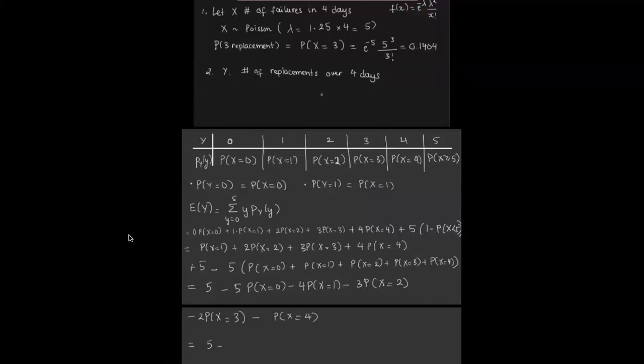So I will pull it outside. Inside is this coefficient, and then multiply with lambda to the power of x divided by x factorial. Lambda is 5, so I put 5 to the power of 0 divided by 0 factorial.